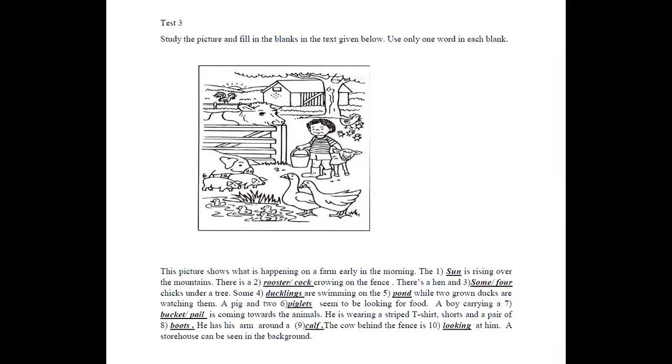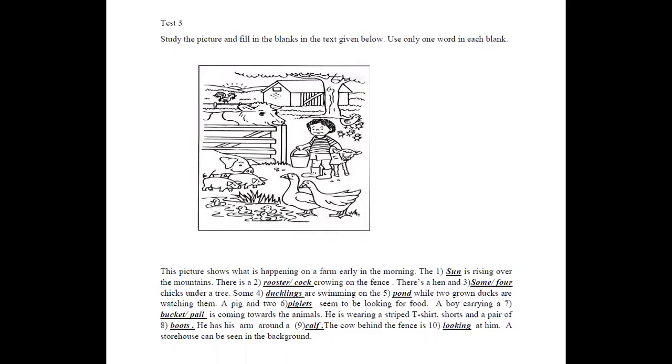Definitely that is boots. Not shoes, not slippers. That's definitely boots, a pair of boots. So the most suitable word for that blank is boots. He is wearing a striped t-shirt, shorts, and a pair of boots.